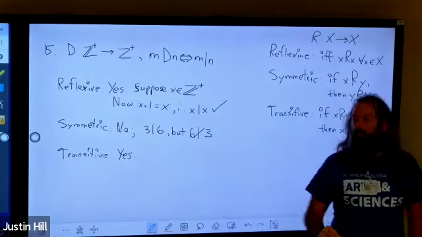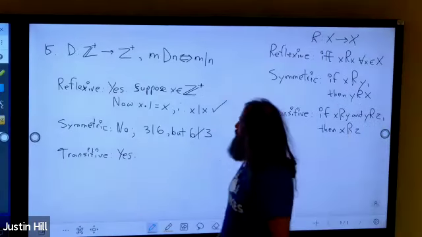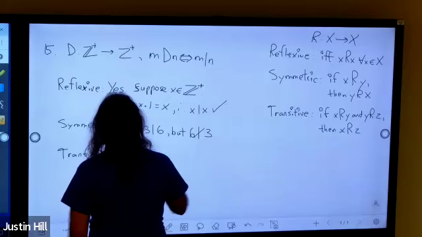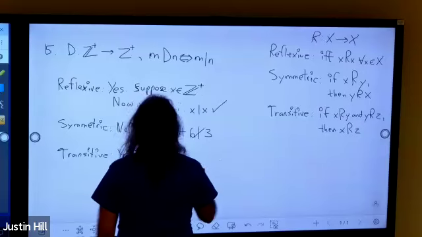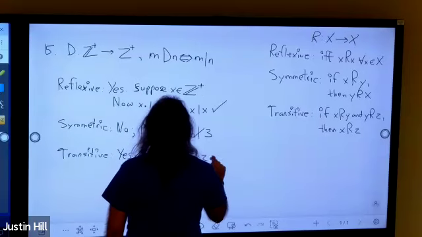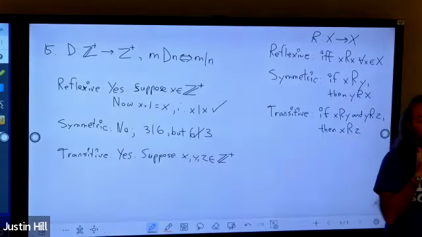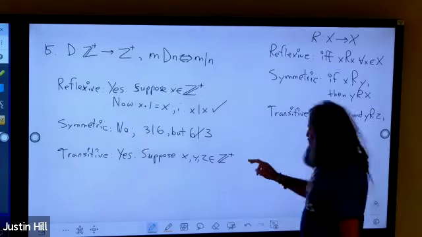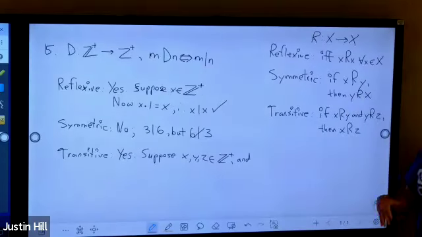So we are going to suppose everything we need for the if part. So we're going to suppose x, y, z are positive integers. First of all, they have to be part of the domain. And notice the similarity in how I'm writing this out and the structure.